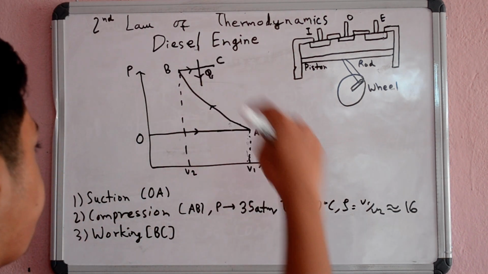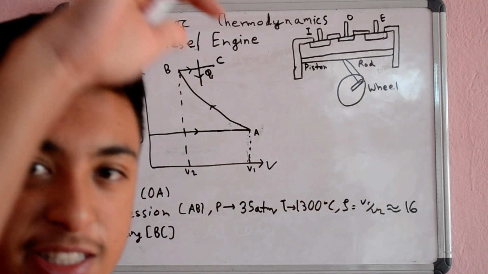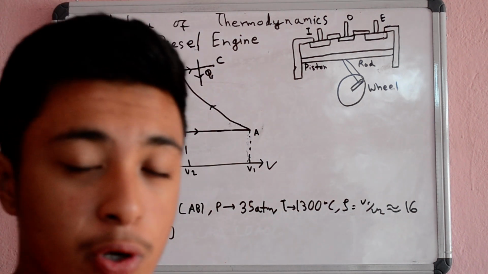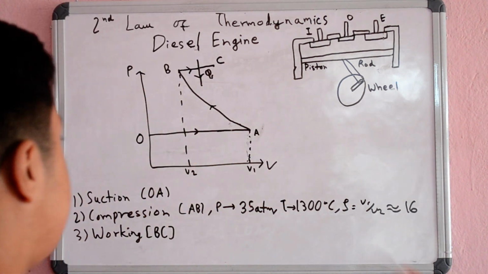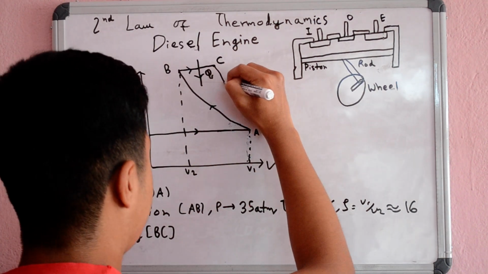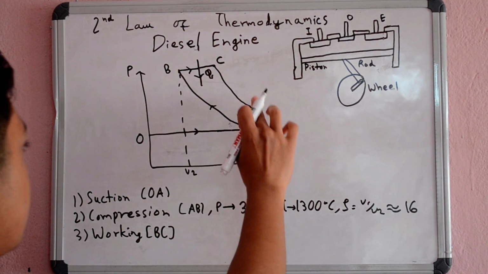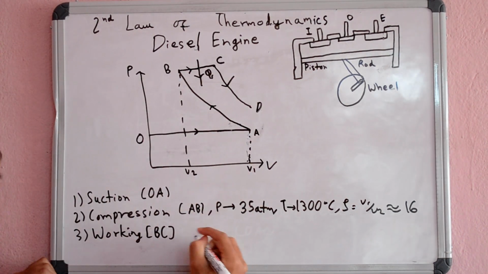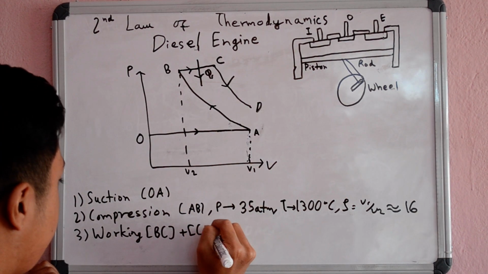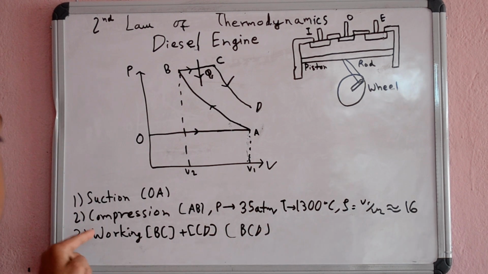Due to this cut-off, there is a decrease in pressure because there is no more oil, and at the same time the volume also increases. That means the pressure becomes very low, and the volume also increases to point D. This is CD, so overall we get BCD, that is the working stroke.